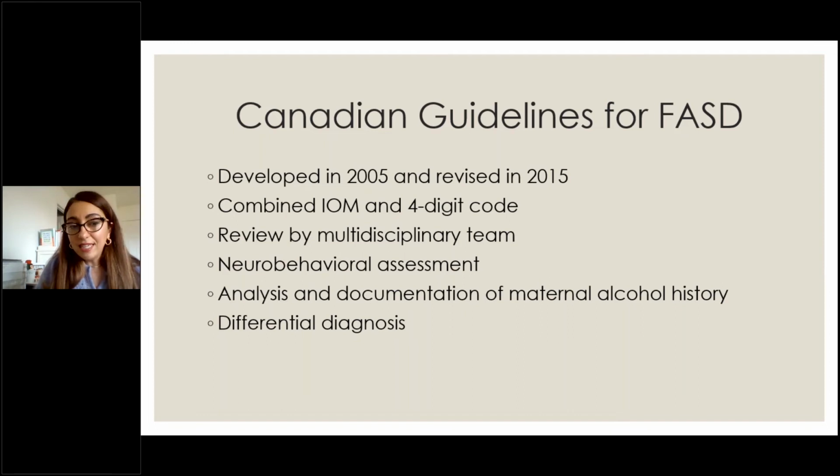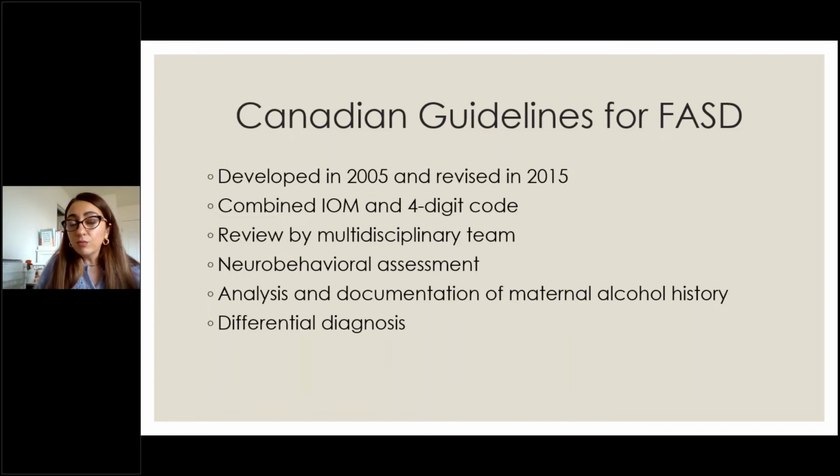And then it indicates that we need to have a neurobehavioral assessment. So for all of those cases where we say, we just look at the facial measurements, growth, and then we'll be done. No, we can't stop there, because if we don't find it, what happens to all of our children who don't have the physical part of it? So the Canadian guidelines indicate that we need to do the neurobehavioral assessment regardless. So that's the good part.